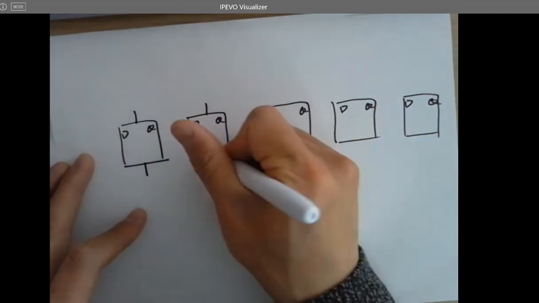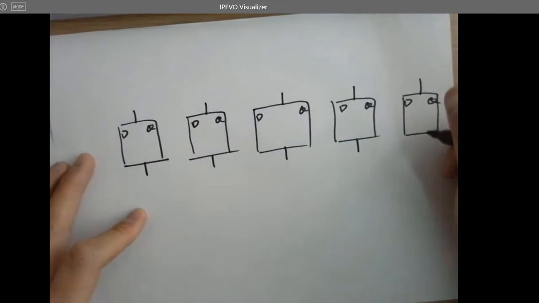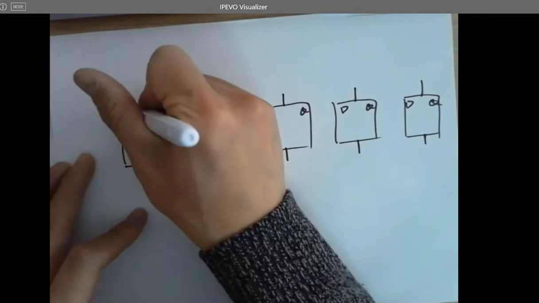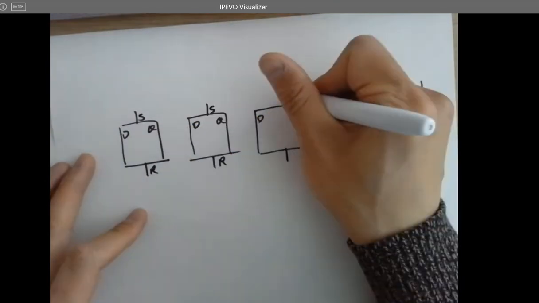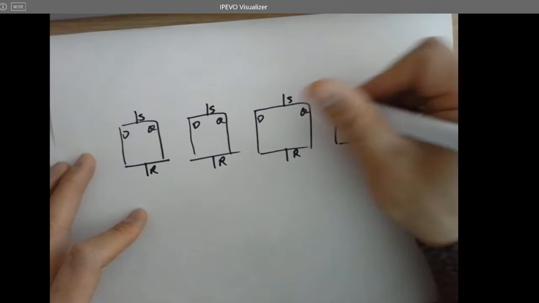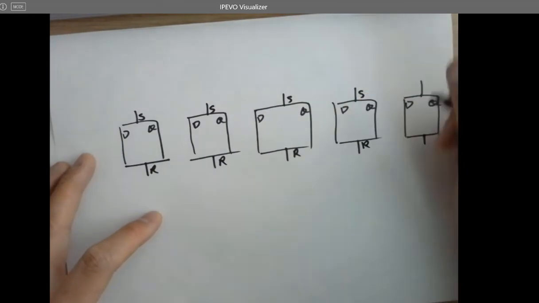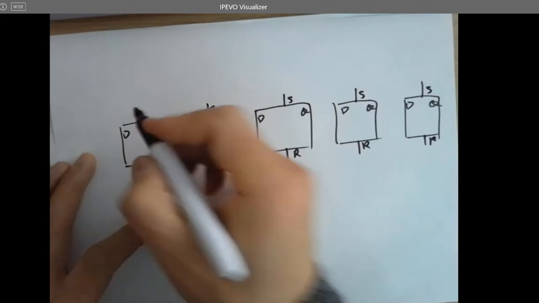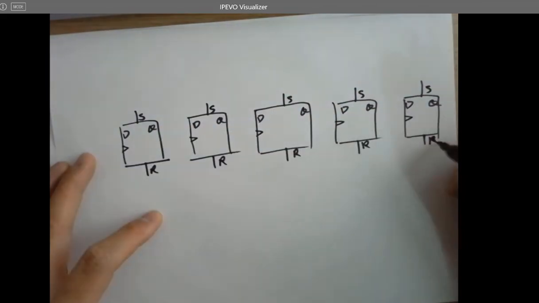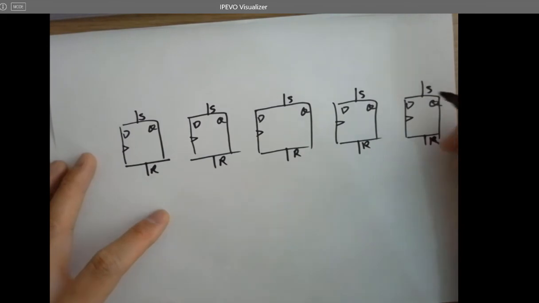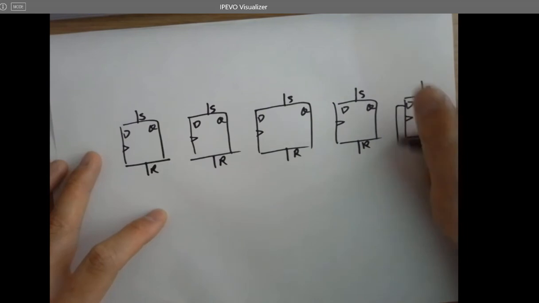There are 2 more functions here: set, reset, set, reset, set, reset. You must be wondering, how do you implement set and reset? I'm going to cover that. And clock, rising edge, okay? And for the last one, I don't need to do anything for the D flip-flop's clock. I just ground it.